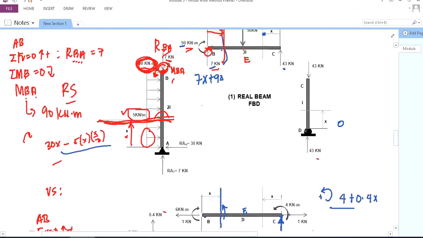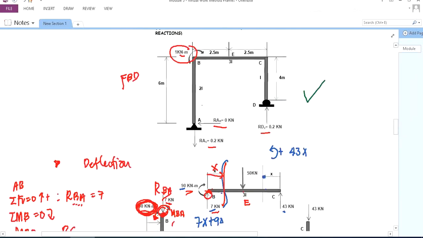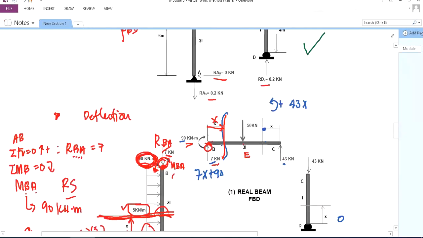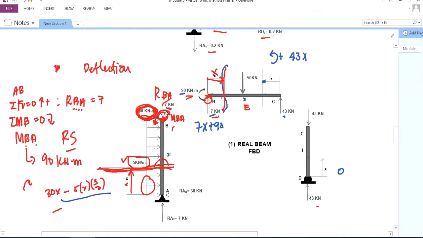Okay? So, pagka tinitignan kasi natin yung rotation and yung sa may real beam, parehas lang yung cutting. Doon sa cutting natin dito sa deflection, 4 yung segment natin. That is AB, BE, CE, and CD. Okay? Parehas din doon sa rotation. Kaya yung cutting natin sa real system natin for rotation, parehas dito sa may deflection.